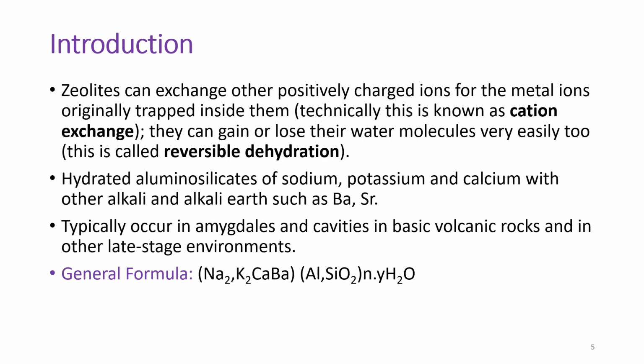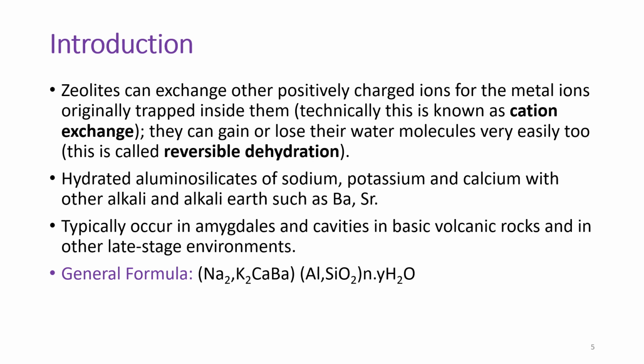Zeolites can exchange other positively charged ions for the metal ions which are originally inside them. This is also known as cation exchange capacity, and they can gain or lose their water molecules very easily too. This is called reversible dehydration.